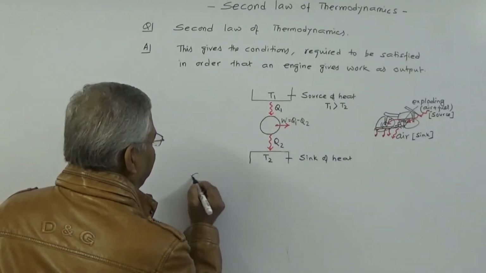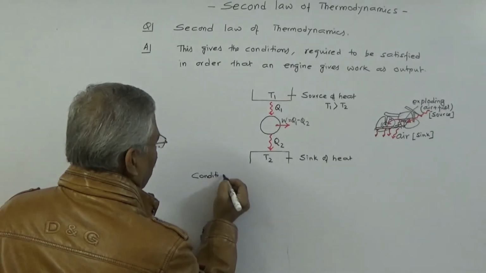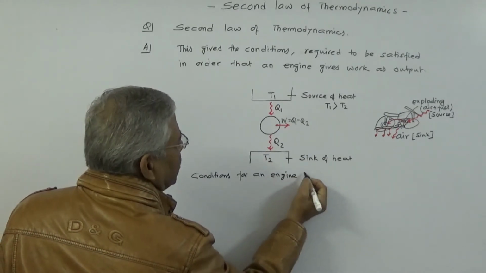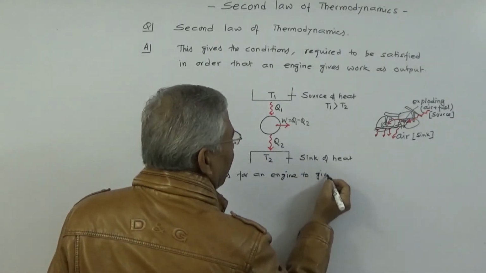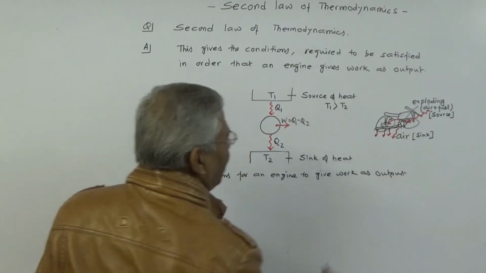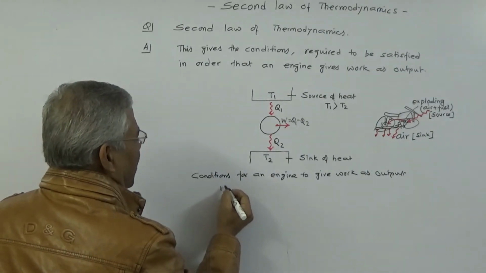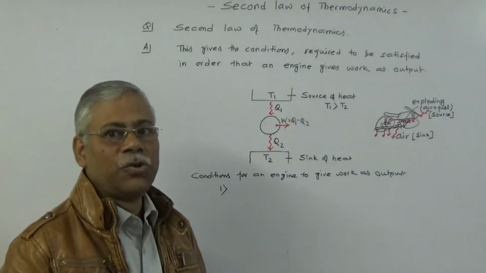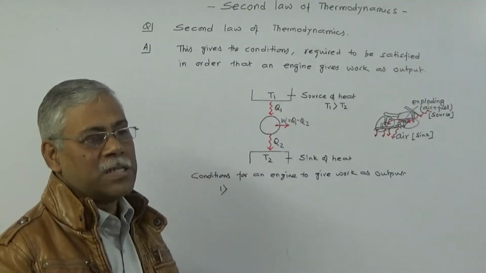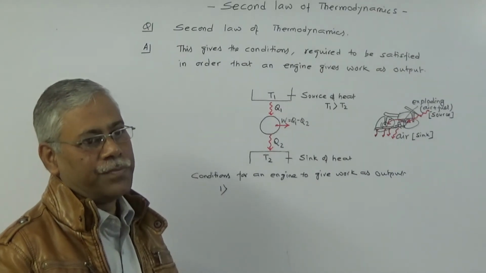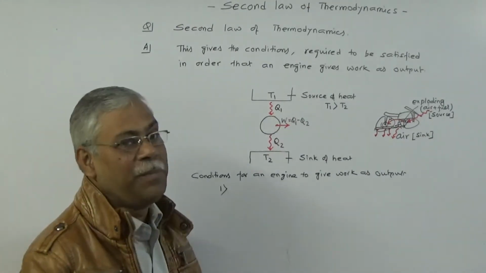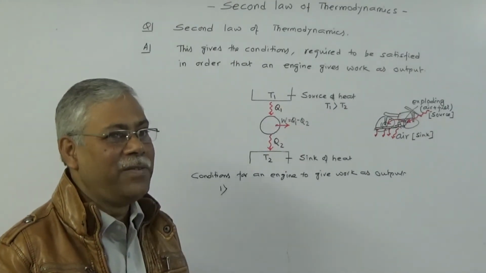First condition, for an engine to give work as output, T1 must be greater than T2. That means if T1 and T2 become equal, then the engine will not give you any work.